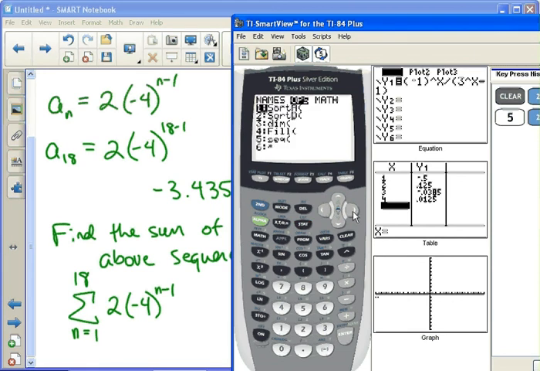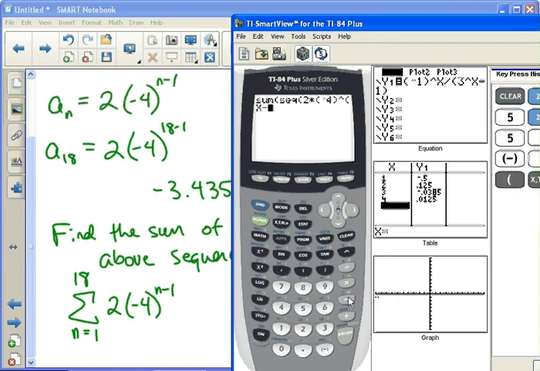Then we plug in the equation, in this case it's 2 times parentheses -4 raised to the parentheses x minus 1, close parentheses. So that's the equation. Then I have to do comma x, because I got to let the calculator know what variable I'm using. Then comma 1, that's the first number. Comma 18, that's the last number I want it to plug in. Close your parentheses and hit enter.